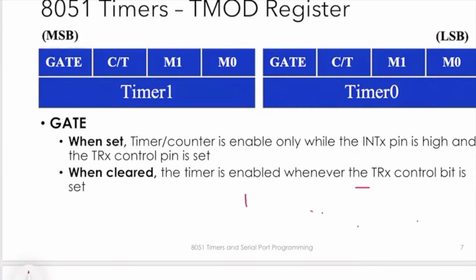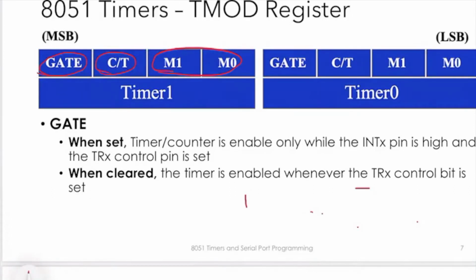So now, coming to the timer mode register, as I told you, we have various bits here like gate, counter/timer, and mode. I will explain what each of these is. So what is gate? I will take you to a diagram. This diagram is called the timer counter control logic.